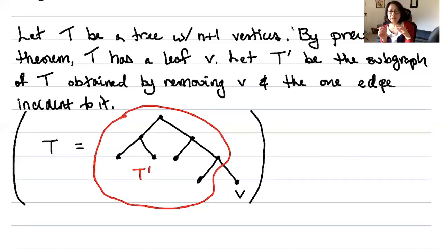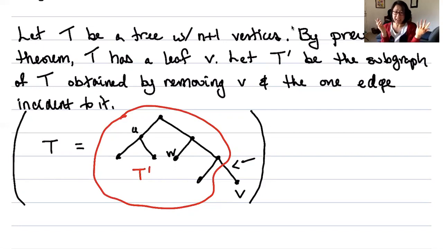First, when I remove that vertex V, I can't possibly disconnect the rest of my graph. Because if I take any two vertices, U and W, that are in the remaining graph, T prime, well, in the original graph T, there was a walk from U to W. And if that walk used the vertex V, basically I would have had to take this edge here, walk out to V and walk back.